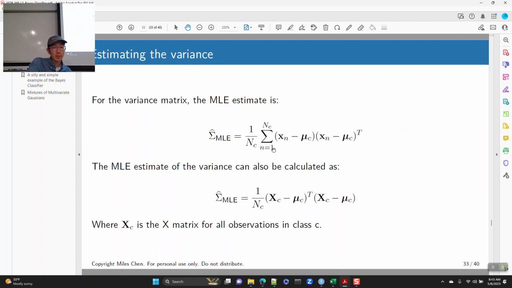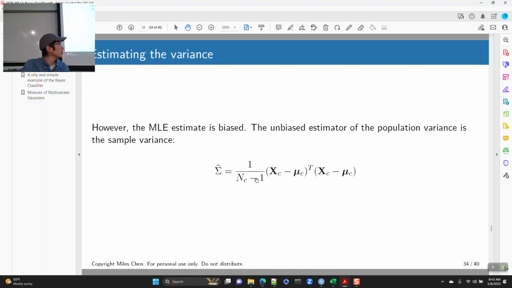To make it unbiased, we'll divide by nc minus 1. If we do x minus mu transpose times x minus mu, this will give us the sum already, our 2 by 2 matrix. So we're going to just divide by nc minus 1.